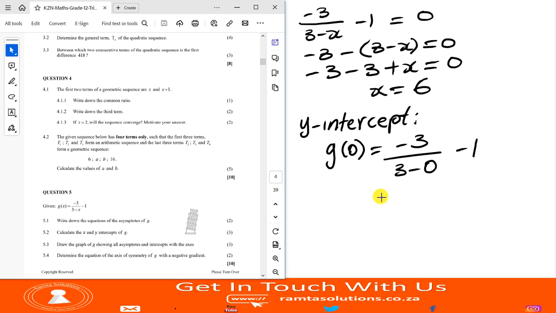To me, this looks like we will have negative 2. So g of 0 is negative 2. This means you have the point (6, 0), and you also have the point (0, -2). So we have 5 marks right now. Moving on.